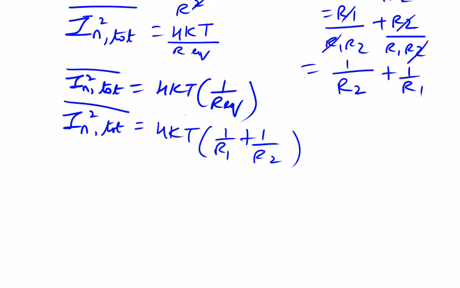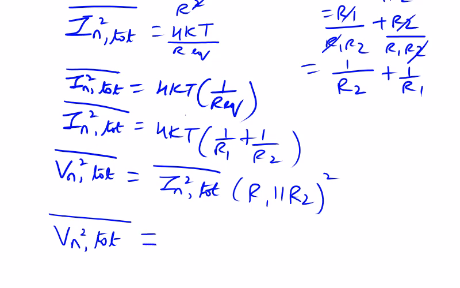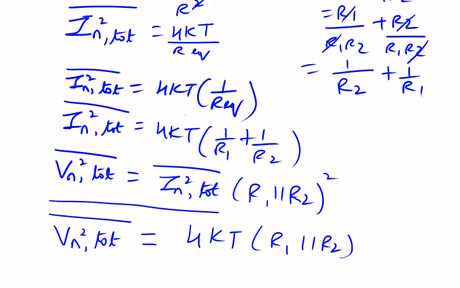Thus the equivalent noise voltage Vn² total is equal to IN² total mean into (R1 parallel R2) squared. So I can write Vn² total mean is equal to 4kT into R1 parallel R2.